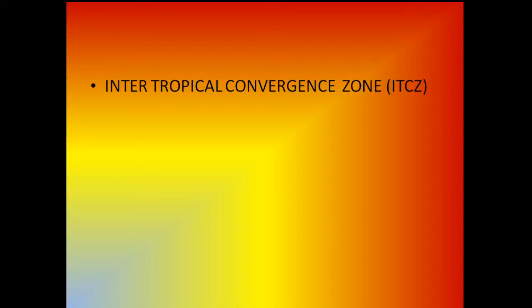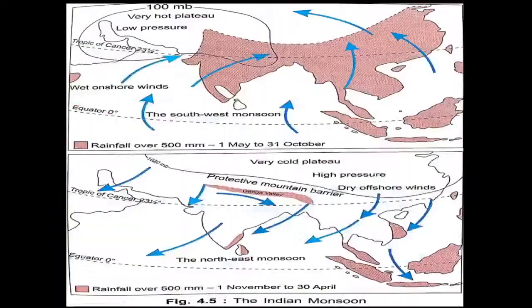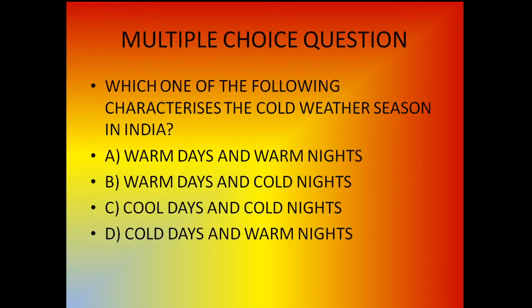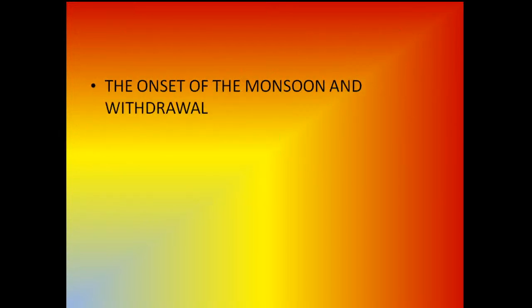El Nino is a name given to the periodic development of a warm ocean current along the coast of Peru as a temporary replacement of the cold Peruvian current. El Nino is a Spanish word meaning the child.